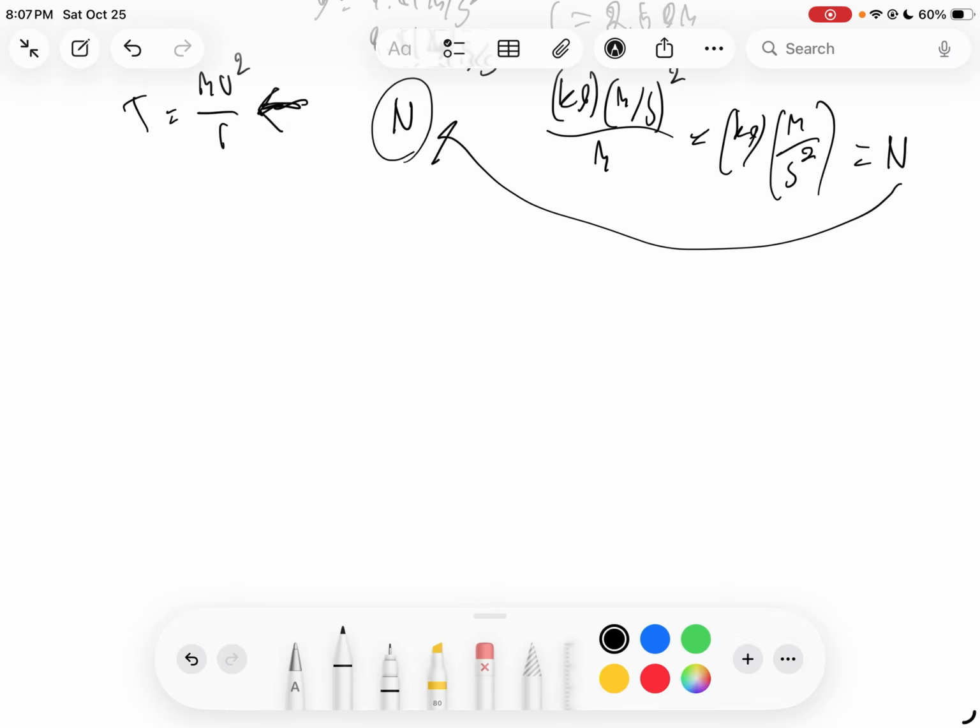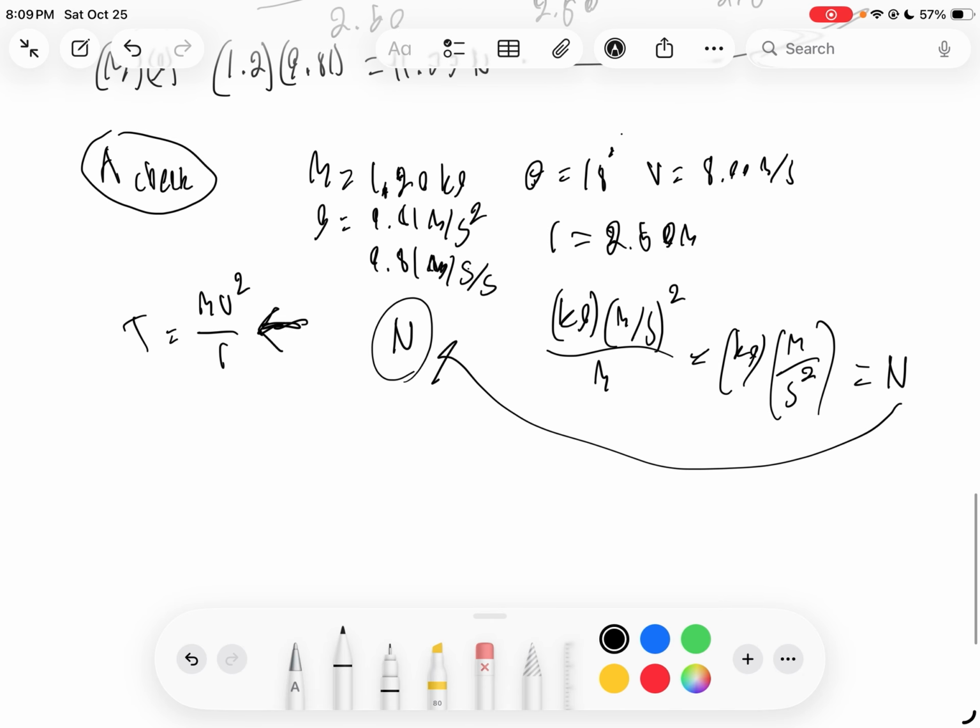You can almost tell just by reading the problem if it's going to be a very outlandish answer. So just think about it from a common sense standpoint: is this right or wrong?